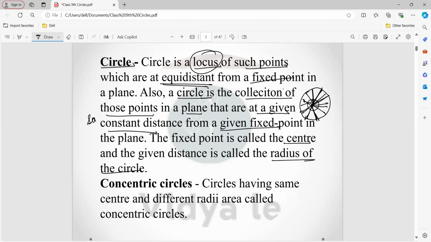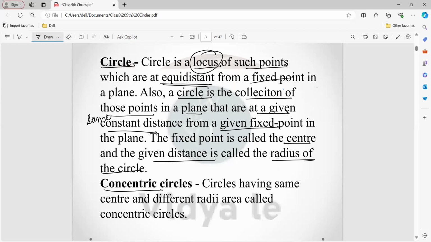Constant means same distance. That is, from a fixed point, distance of all the points on the circle is same. And that fixed point is known as center, and the equal distance is known as the radius of the circle. All right.